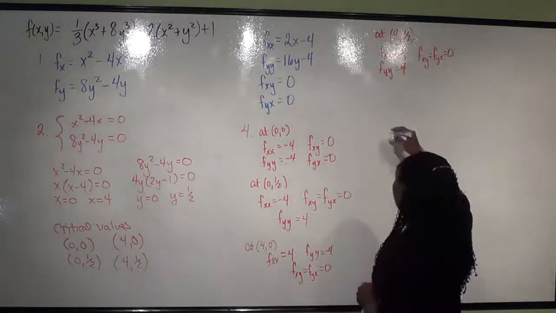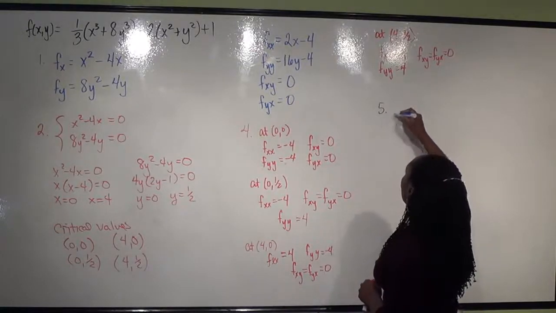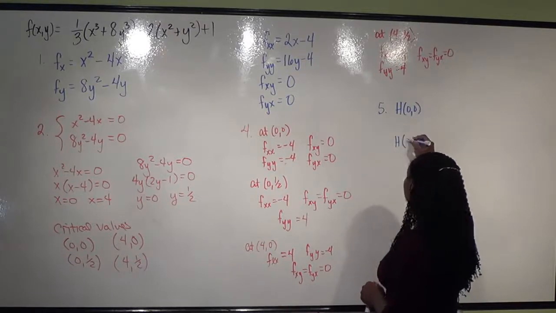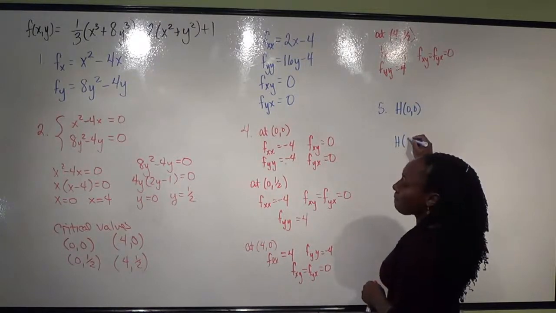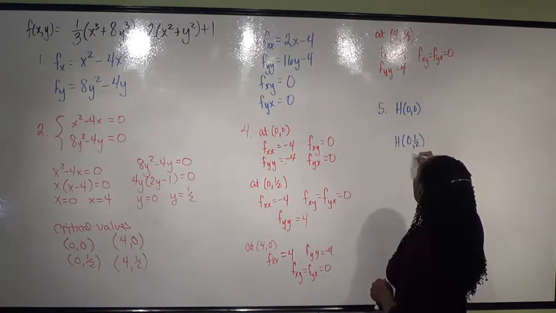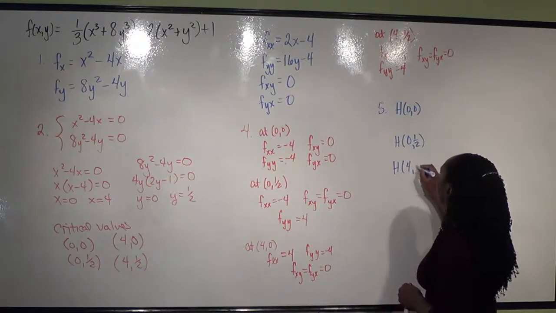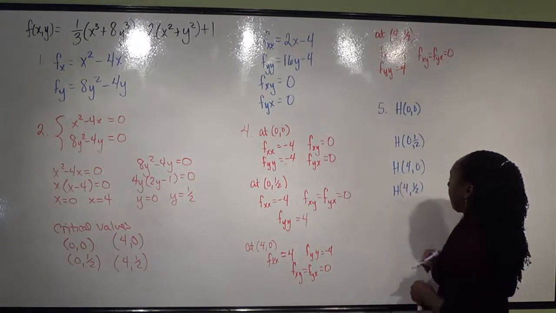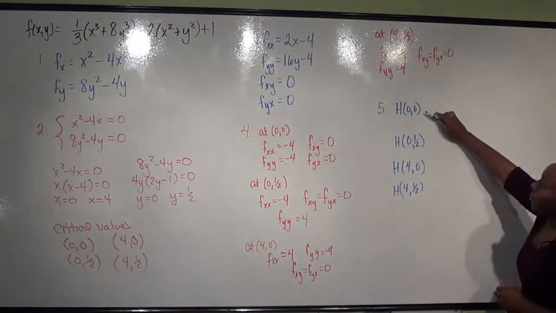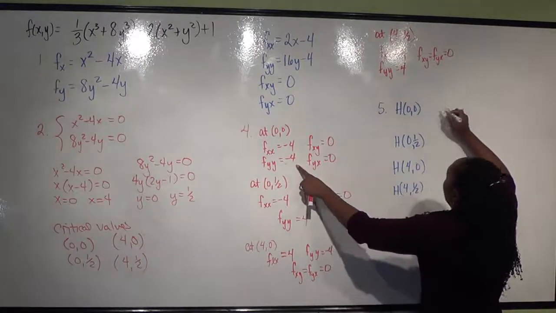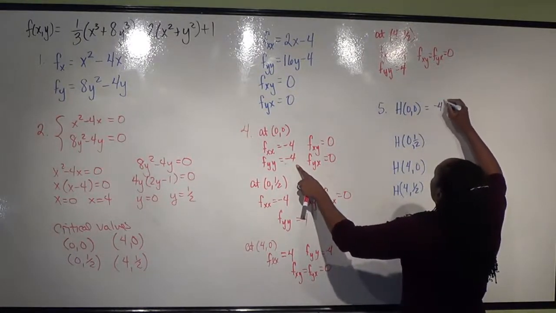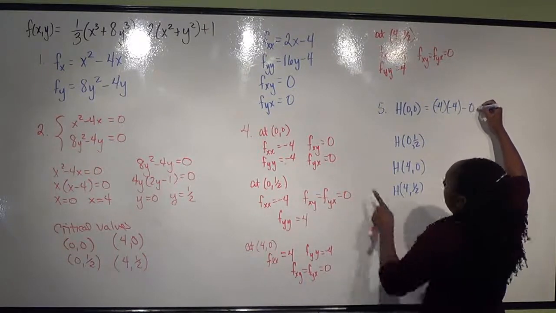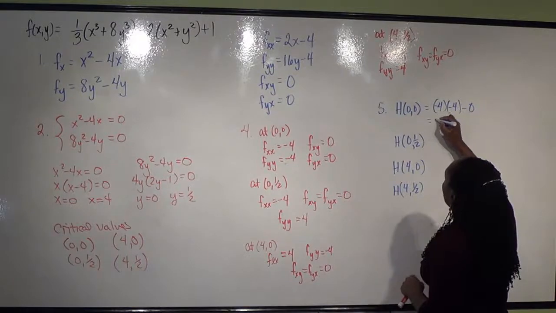Okay. So now to find my Hessian at each of these. So I'm going to have 4 of these. So at 0, 0, I've got -4 times -4 minus 0 times 0, which looks like 16.